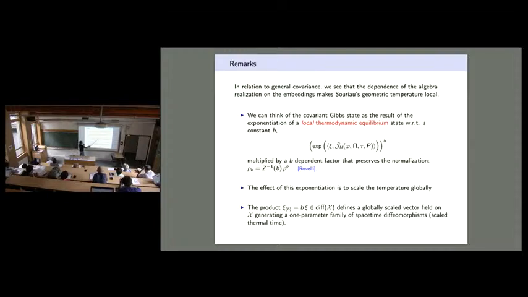You multiply your exponential family by some factor B, and you use a parameterization. You multiply it by the normalization, which gives you the proper final state. So the role of this B is to scale a local temperature in order to give you a global temperature. So at the end of the day, we find basically the same expression.